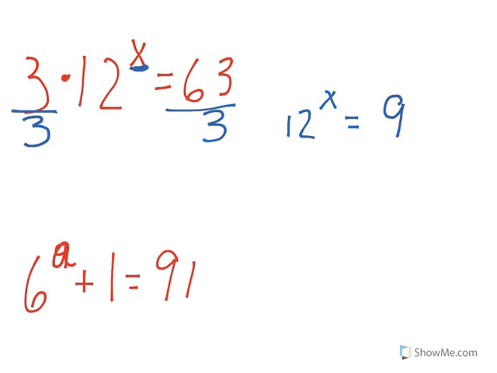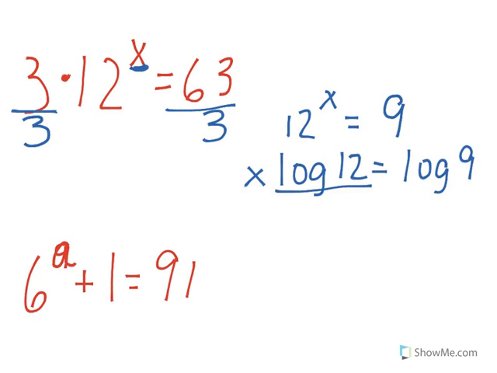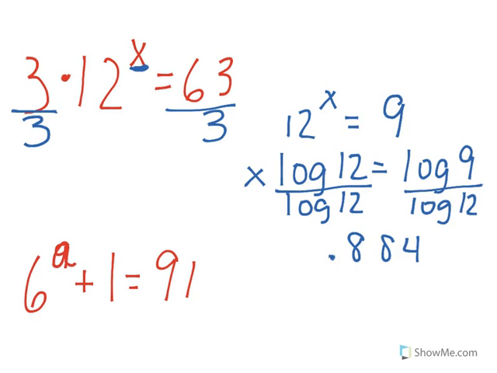Now we're going to take the log of both so that x pops out front. x log 12 equals log 9. Still want to get x by itself, so we're going to divide by log 12. Whatever we do to the left side, we must do to the right side. And then we get 0.884. Be sure when you're putting these into your calculator that you close your parentheses, okay?